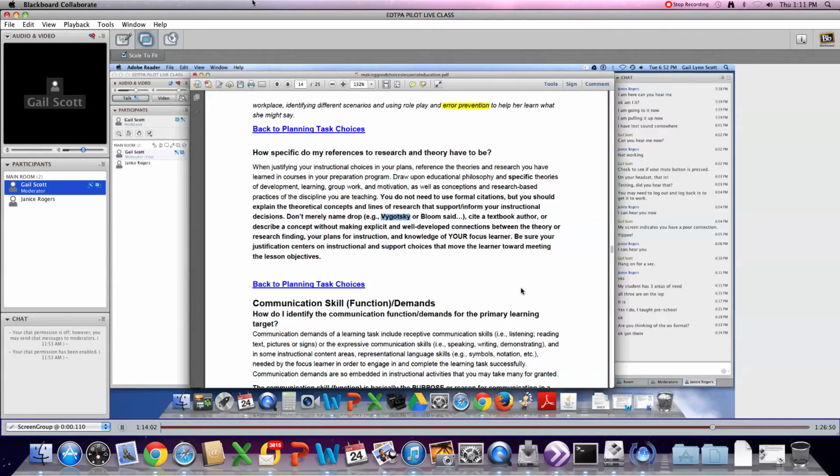You don't have to do that formal learning theory stuff. You don't have to do Dewey and Skinner and all those kind of guys, but you might want to do some Dewey and Skinner. Okay, so you're going to have to do some research so you can cite research.